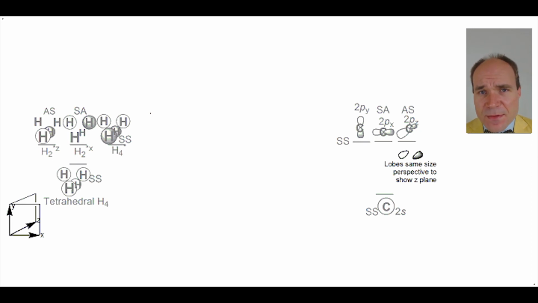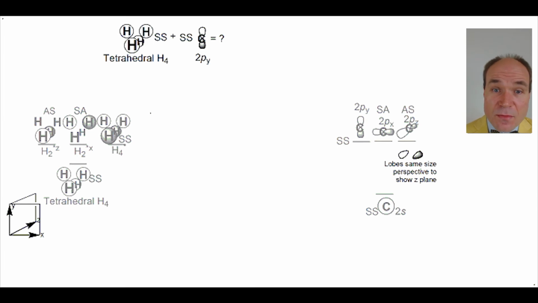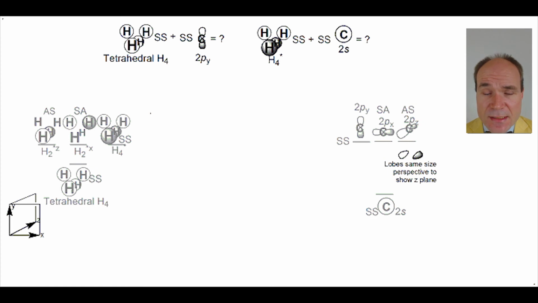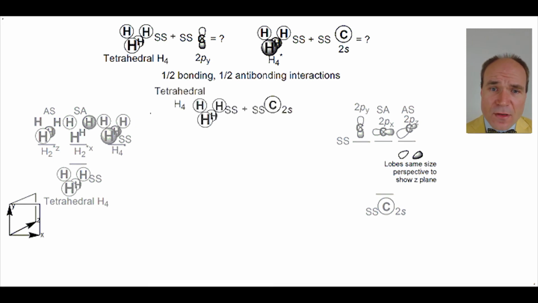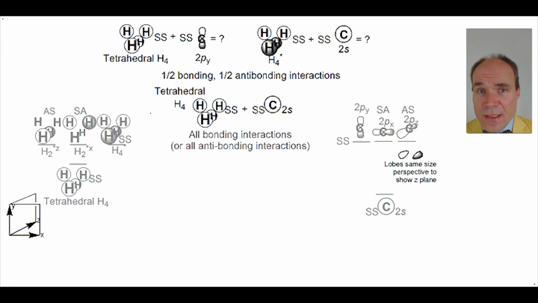If we take the example of H4 partnering with 2py, or H4 star partnering with 2s, we'll observe half of those interactions are bonding interactions, but half of those interactions are anti-bonding interactions. So overall, this is inappropriate for a bonding orbital. What does work? Well, if we look at H4 and 2s, you can see all the interactions are bonding interactions.